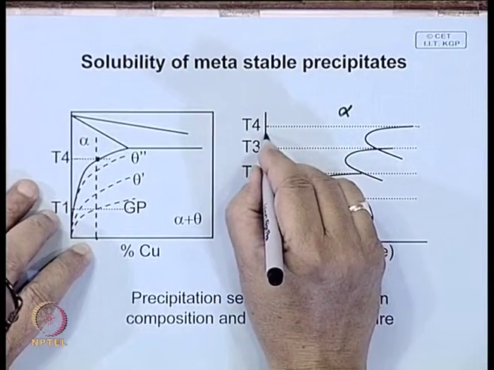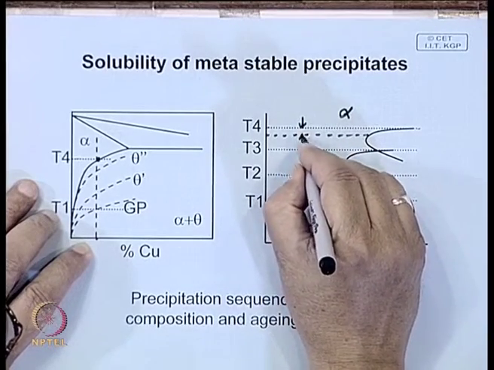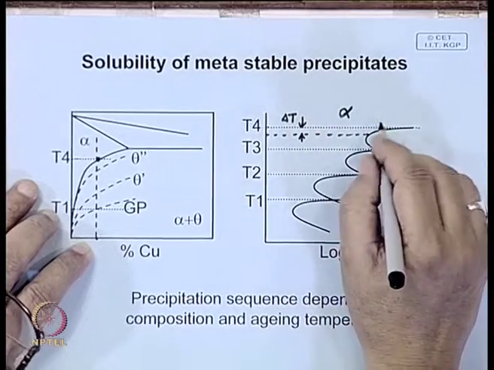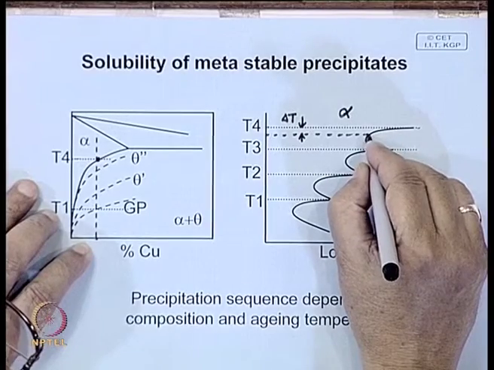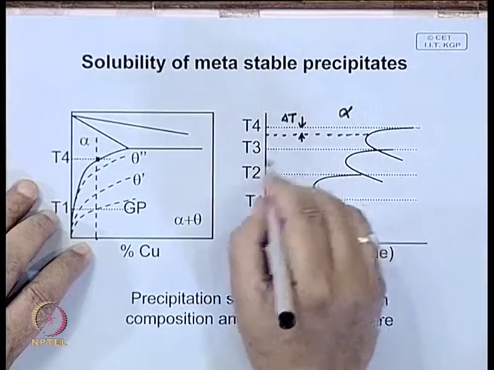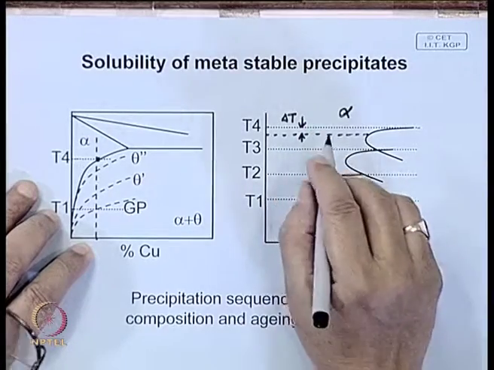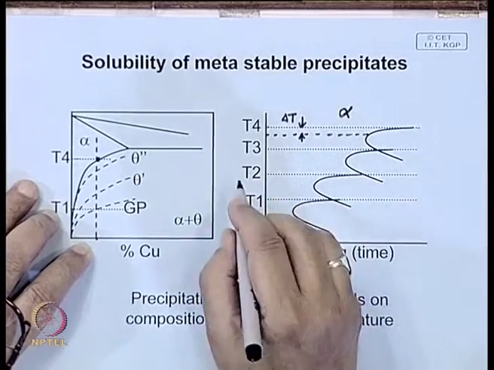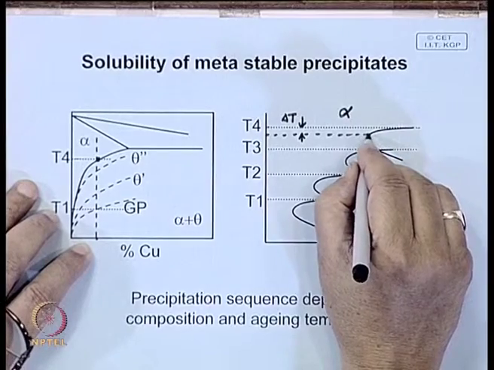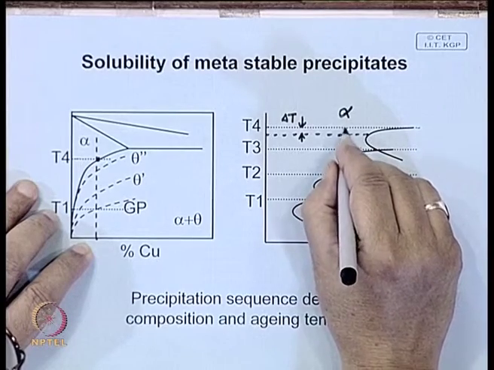But when you come down here, there is a degree of supercooling. The higher the degree of supercooling, the higher the driving force. Therefore, nucleation becomes favorable, and the kinetics will be determined by the movement of atoms to form the precipitate. You have to give time for the atoms to move, let us say copper atoms to move in the aluminum lattice, and this is a process of diffusion, and we know that the higher the temperature, the higher the rate of diffusion.